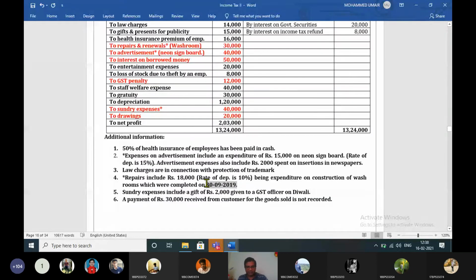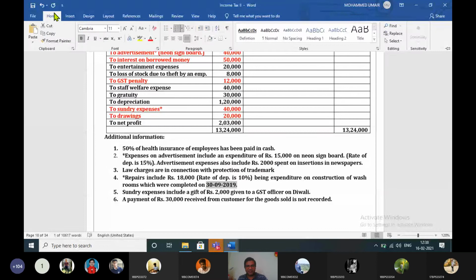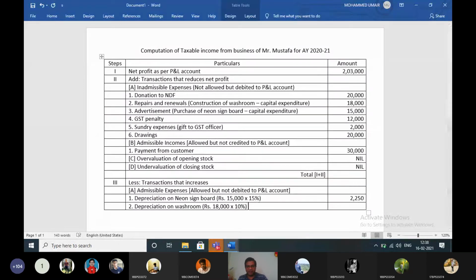And date is mentioned. So does this date have any significance? The answer is yes, because as per the rule, if the asset is put to use for less than 180 days, then you have to charge only half the depreciation. If the asset is put to use for more than 180 days, then you can claim full depreciation.